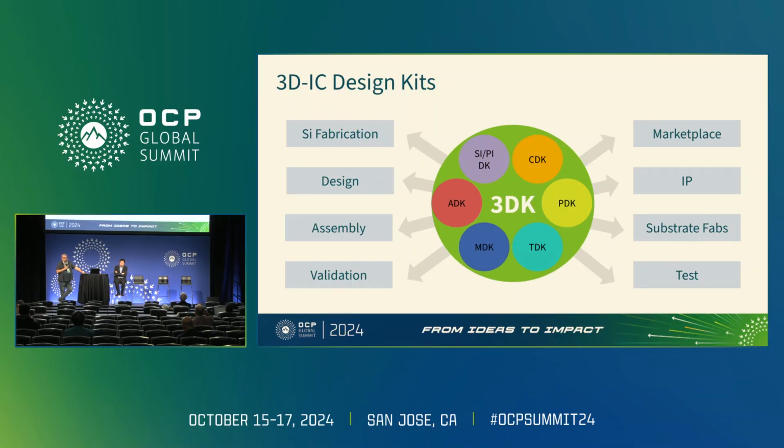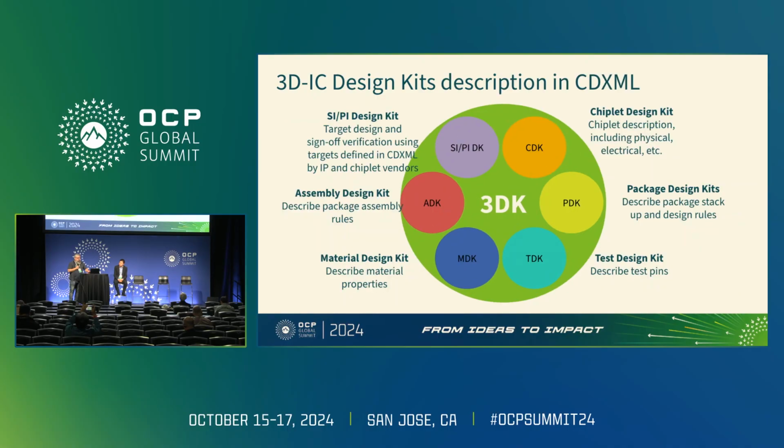We have several different pieces in that, and I'm going to walk you through each one and see how those get applied. Later on, James will give you some examples of the recent work that has been done. So in 3DK, right now we have identified 6 different pieces.